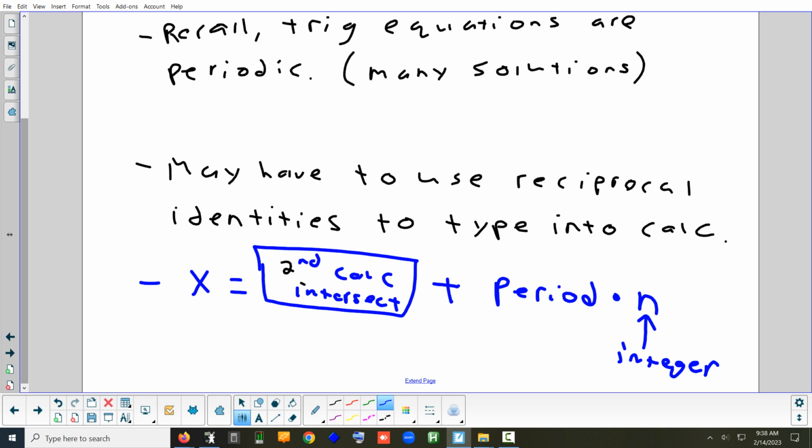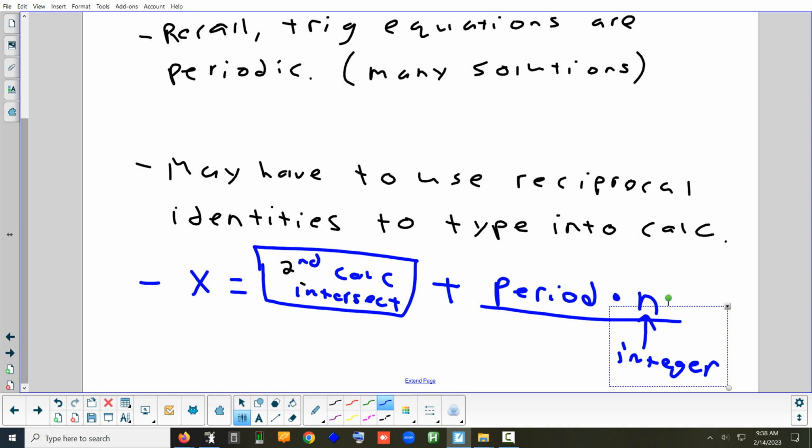So let's say it was 5. 5 times the period would add 5 copies of the period. If it was 7, 7 times the period would add 7 copies to it. But this is the idea that represents the answer repeating forever. Now, you might look at that and say, well, yeah, but you only put plus. I thought you said the answer is going to repeat forever in both directions.